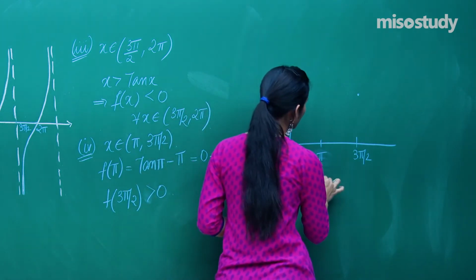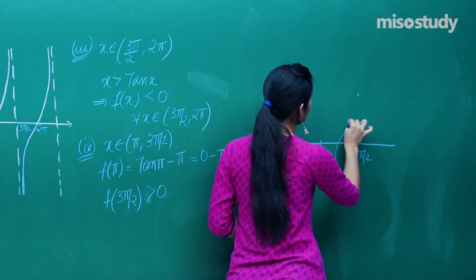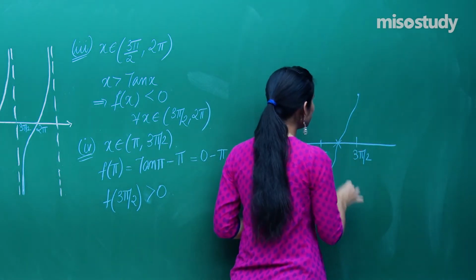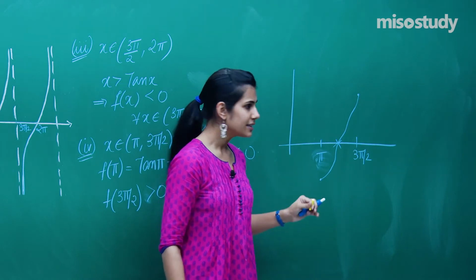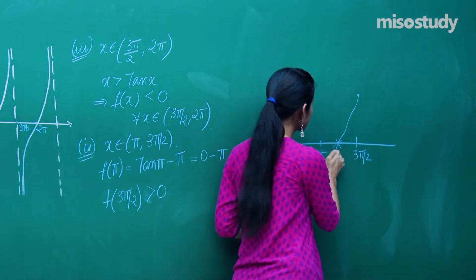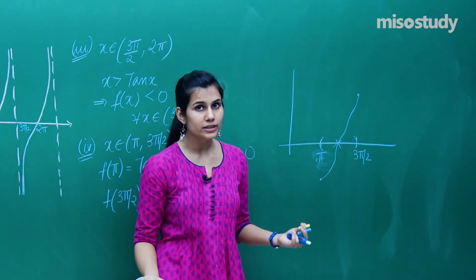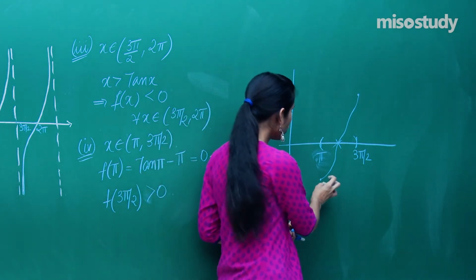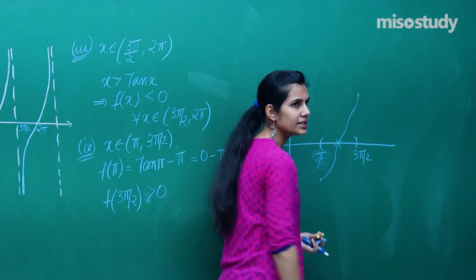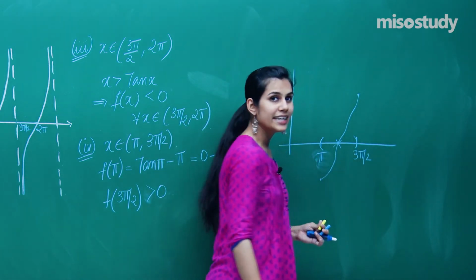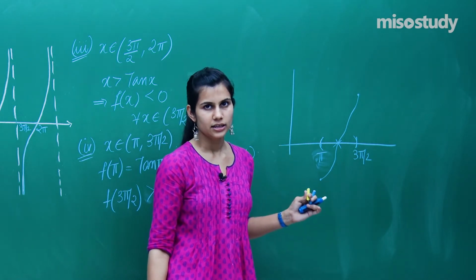So when this f function is plotted, it is definitely going to at least once cut the x-axis in the interval pi to 3 pi by 2. It can cut even more than once, but definitely because at one point it is negative, at one point it's positive and it is continuous, therefore at least once it is going to cut the x-axis.